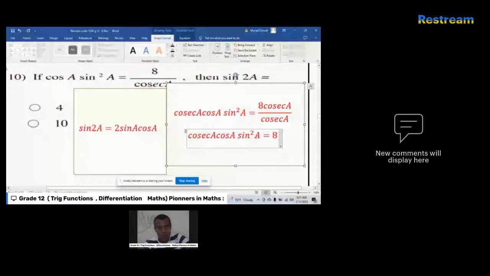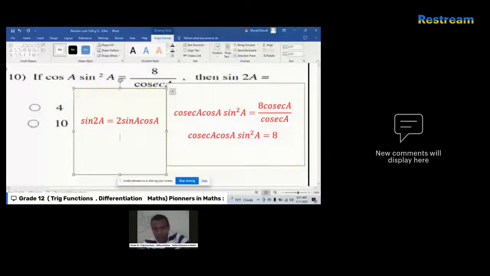Remember that cosec A times sine A is equal to 1.